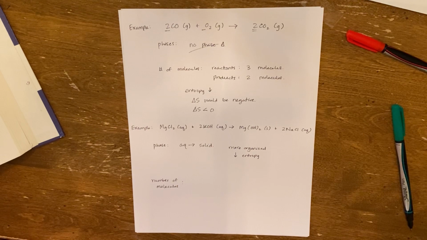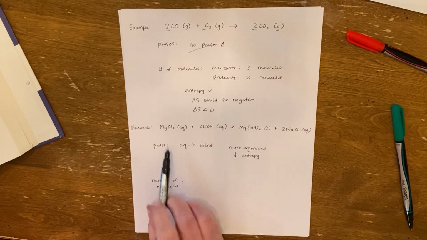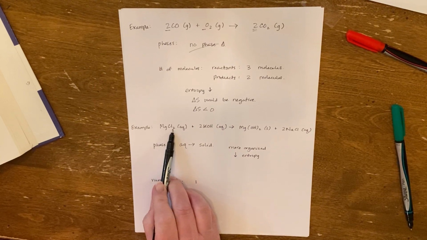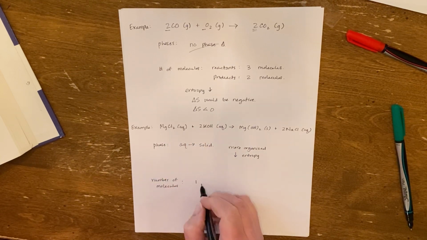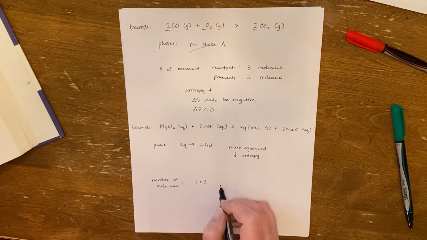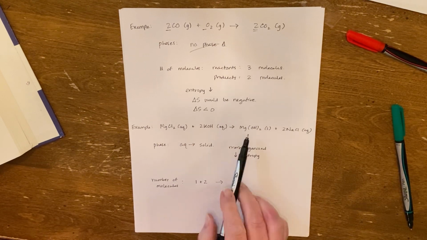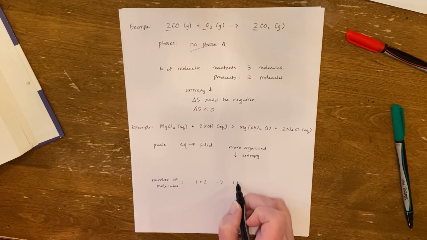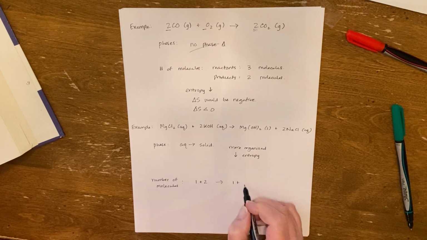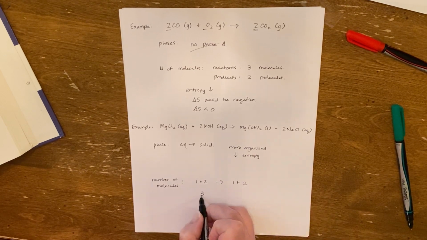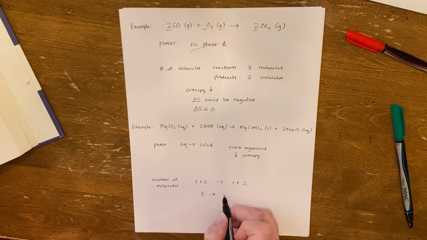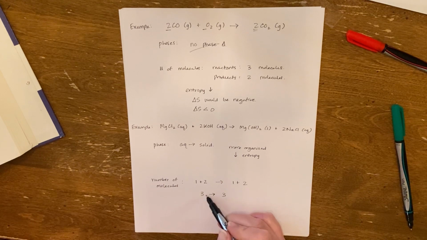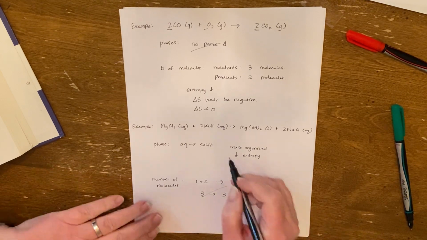Okay, let's look at my number of molecules. I have 1 MgCl2, I have 2 KOH, and then on the product side I have 1 Mg(OH)2 plus 2 NaCl. Okay, so I have 3 molecules in my reactants, 3 molecules in my products, so the number of molecules is the same, so that doesn't really help us.